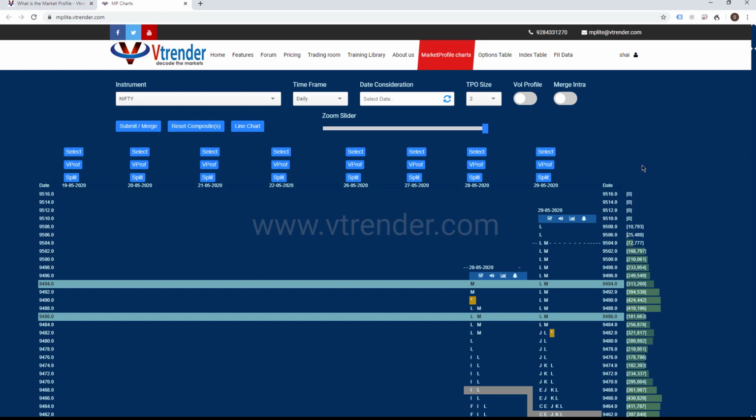So if an instrument is trading at about 10,000, your TPO size would be 1, or a multiple of it, which can double up to 2 and so on, but that is the default setting you need to use.